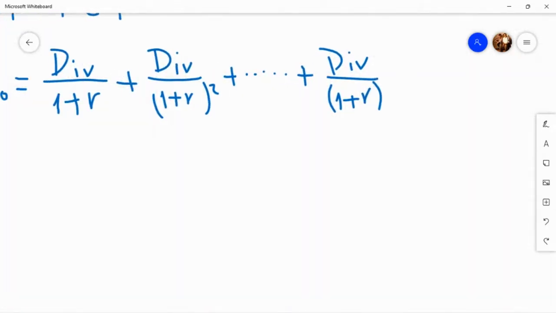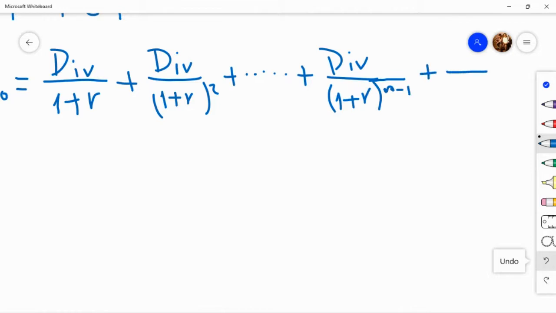And then infinity minus 1. I mean, if you can just pinpoint that infinity, right?